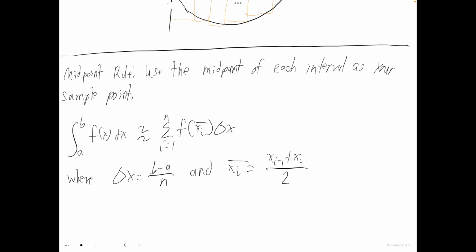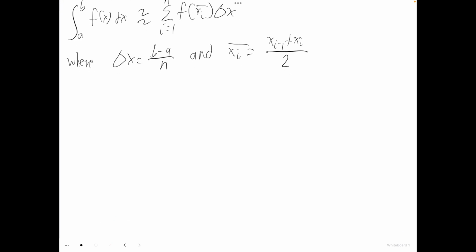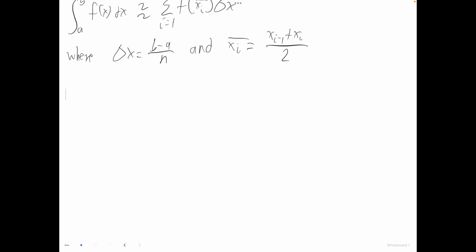So x sub i bar is literally just the midpoint of the interval x i minus 1 to x i. You're just picking the thing right in the middle. And so let's look at an example of doing the midpoint rule.